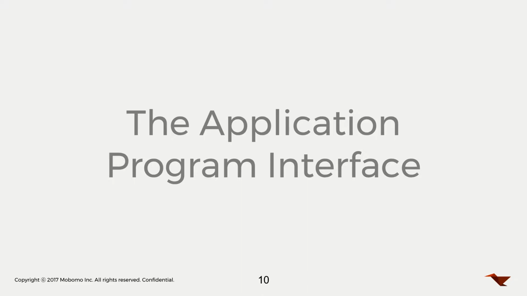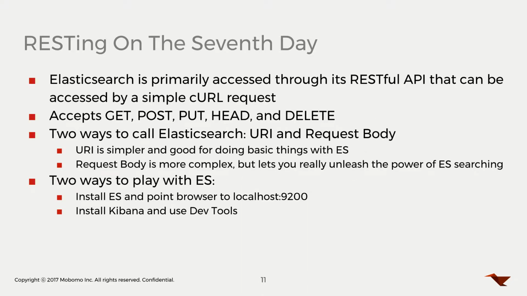All right. Application interface. In these examples, we're going to primarily be using the Elasticsearch PHP appliance. You can normally operate against this with a curl request if you're using some other language or want to operate it more directly. Elasticsearch does use a fully RESTful API, so basically that just means you're pinging a URL. It's pretty simple. It accepts get, post, put, head, and delete, so all the major pieces of interacting with a server.